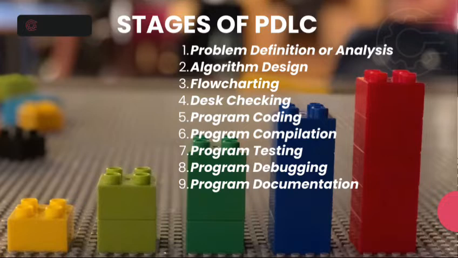There are some books where you may not see program compilation, and some books where you would not see program definition or program analysis. All in all, I brought them together to make it 9 stages.